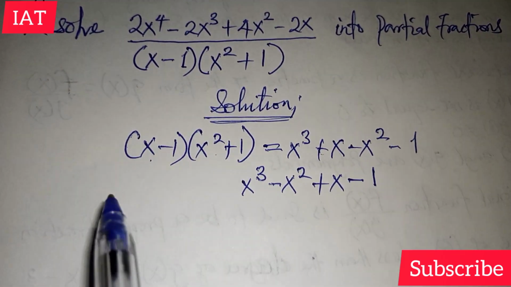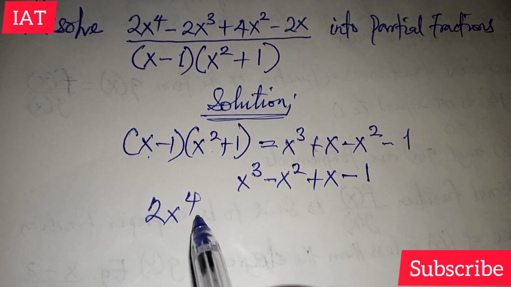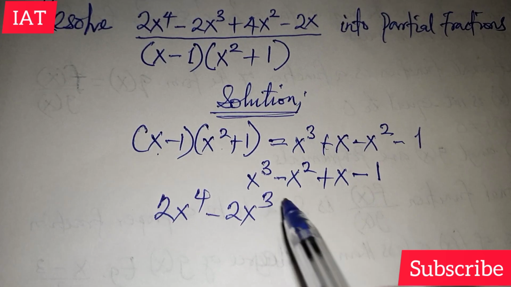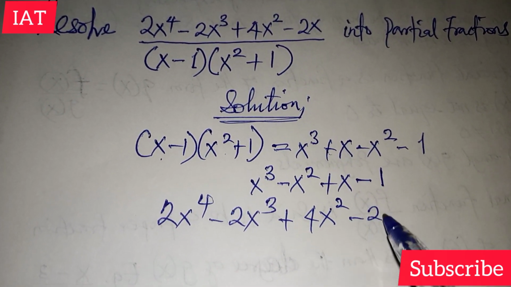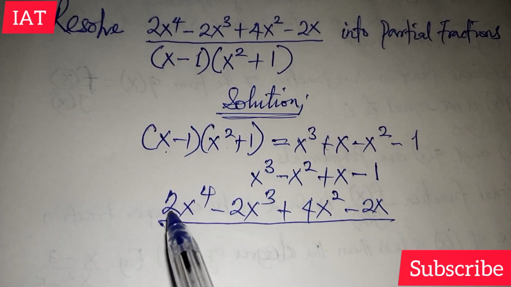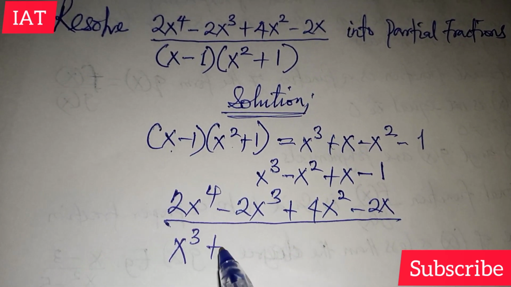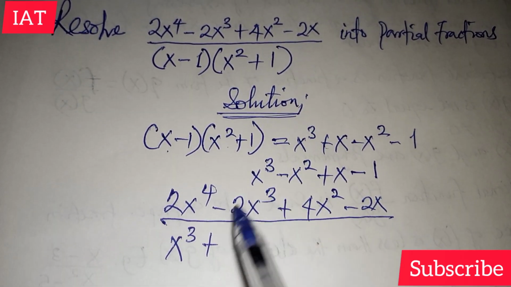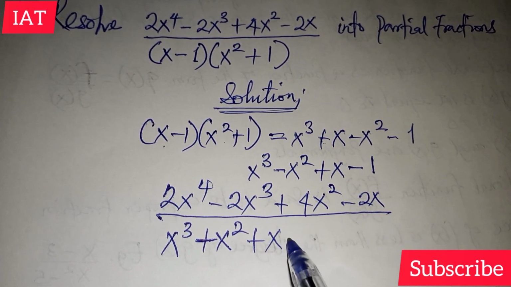So eventually the whole expression becomes 2x to the power of 4 minus 2x to the power of 3 plus 4x to the power of 2 minus 2x, all divided by the denominator, which is the polynomial x cubed minus x squared plus x minus 1.